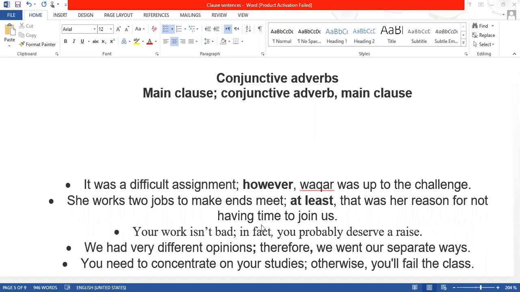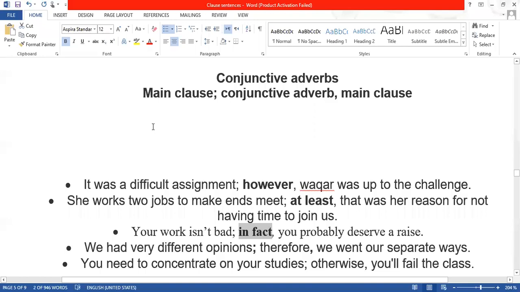So we were talking about these conjunctive adverbs. Now, if you see in the third sentence, the conjunctive adverb is in fact. So you have to know these different structures. If you have a lot of structures and can say things in different ways, like the first one, we could say it with but.